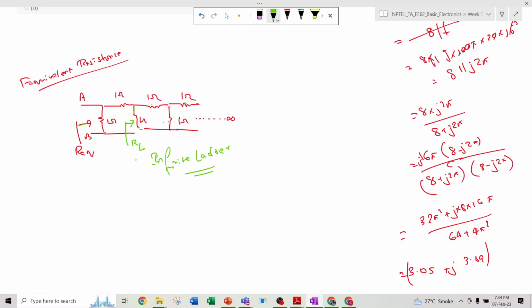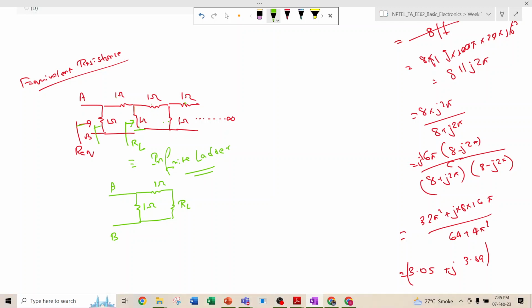Suppose we are seeing from this side, and consider this thing as RL. So you can modify the circuit as RL, this is 1 ohm and this is 1 ohm. Similarly, 1 ohm is infinite times repeating.